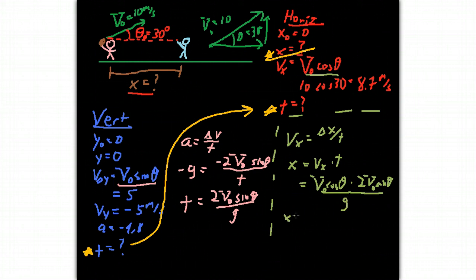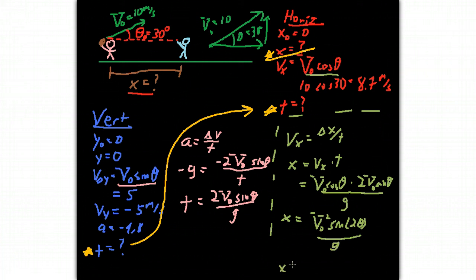Now what we can do here is a little bit of fancy math. This is going to give me 2 times sine theta cosine theta, which is the same as sine of 2 theta. And I have a v and a v, so I'm going to end up with v naught squared, so x equals v naught squared sine 2 theta divided by g.